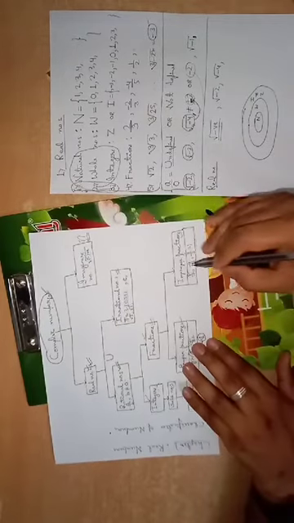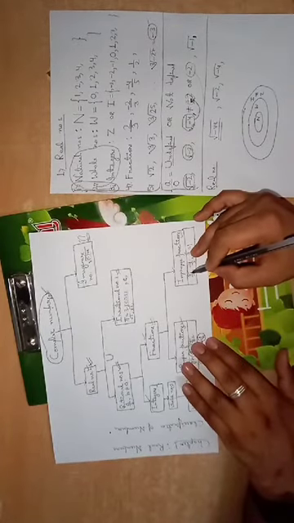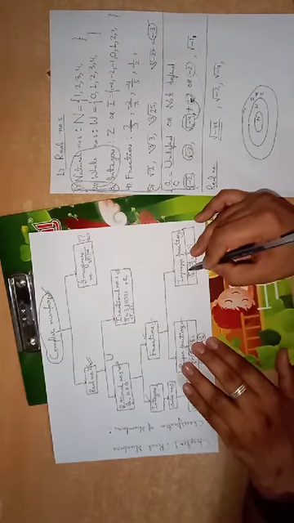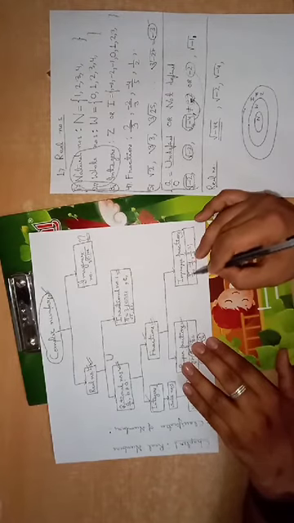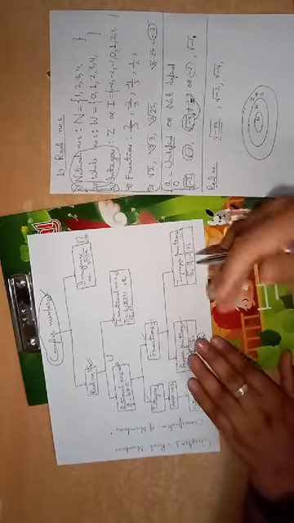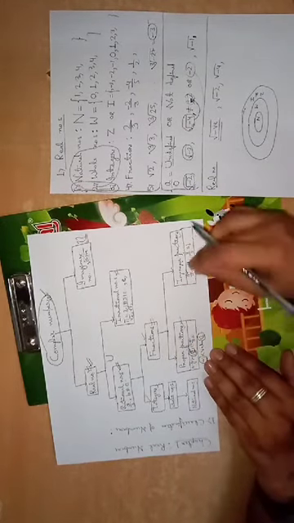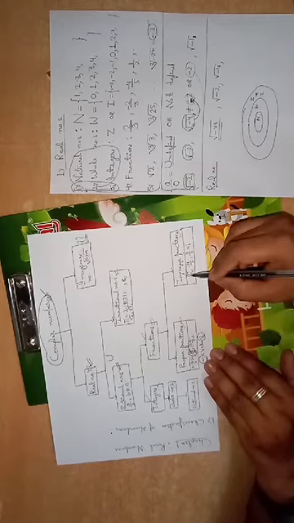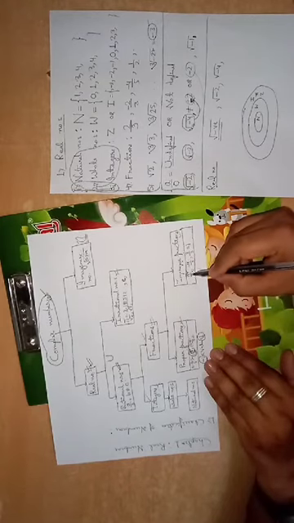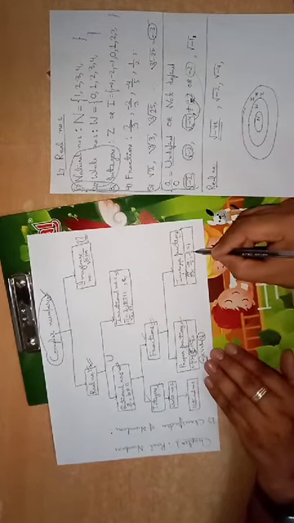Clear? Now, improper fraction. How do we differentiate between proper and improper? If you ignore the sign part, in an improper fraction the magnitude of the numerator is greater than or equal to the magnitude of the denominator.